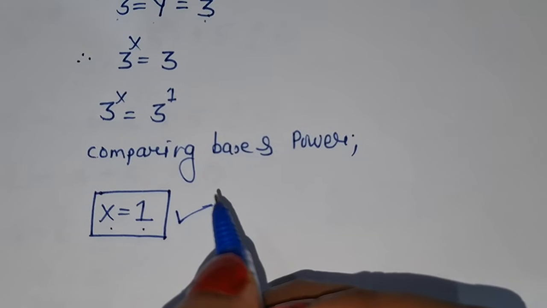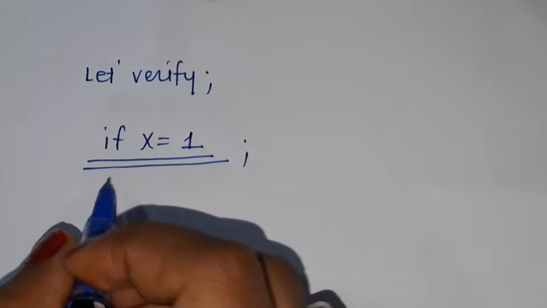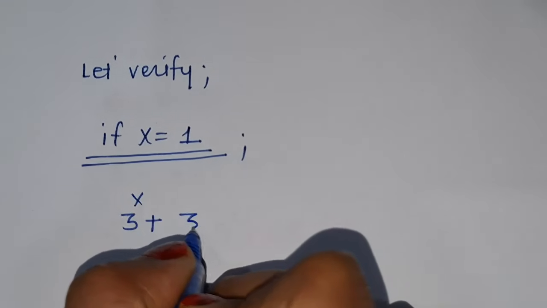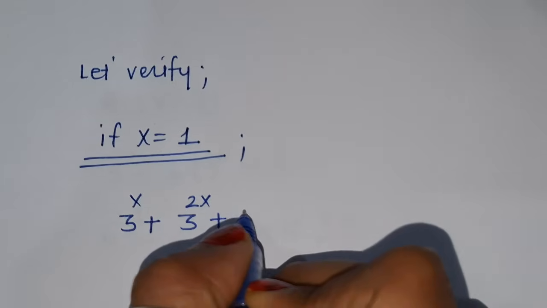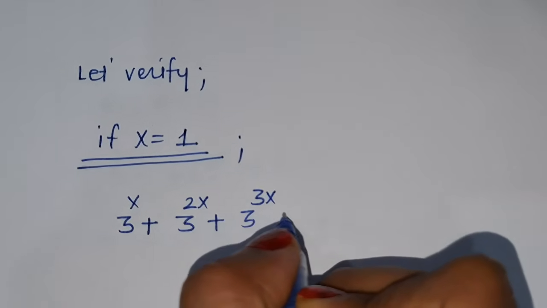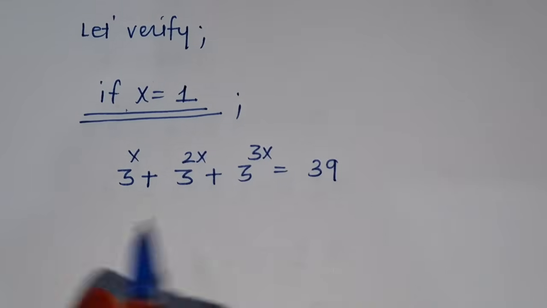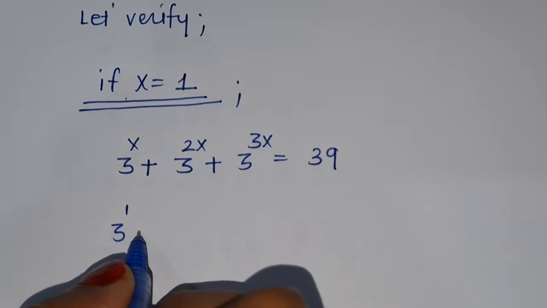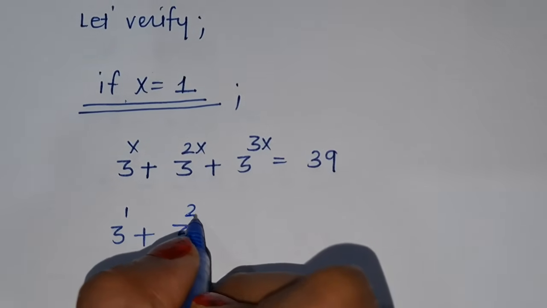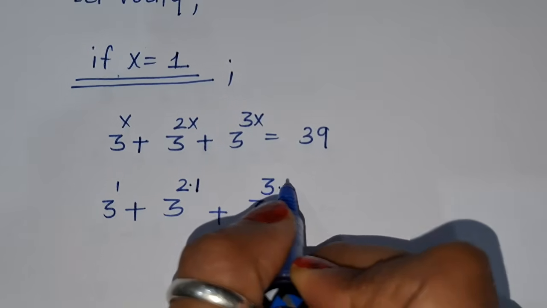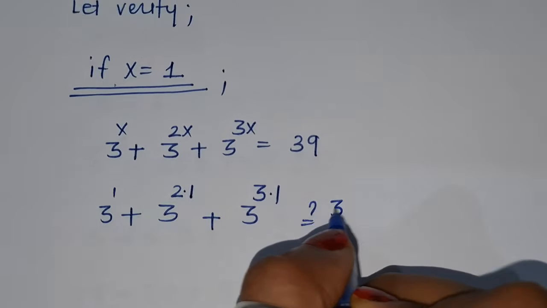Now let's verify whether this is correct or not. Our question is 3^x + 3^(2x) + 3^(3x) = 39. Now we substitute the value x = 1 here: 3^1 + 3^(2×1) + 3^(3×1) = 39?